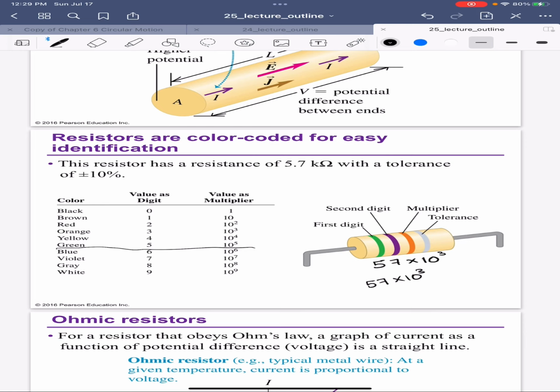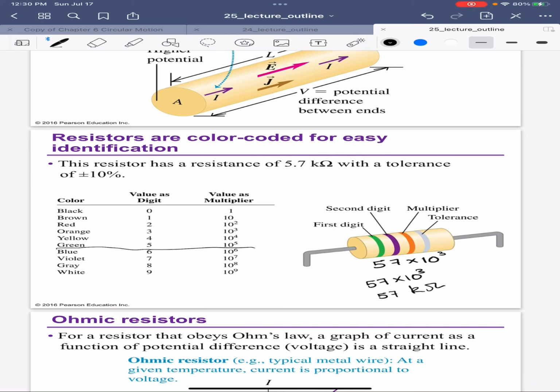I can see it orange. Okay, 10 to the 3, then if I divide this by 10, I think there is a mistake in here, because this should be 57 kilo ohm.